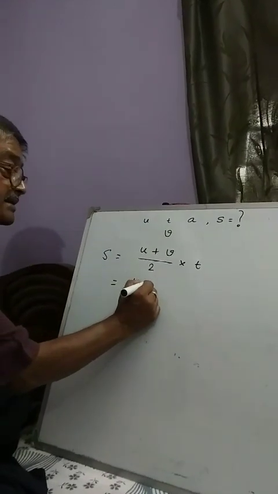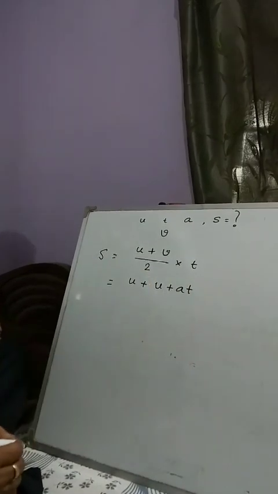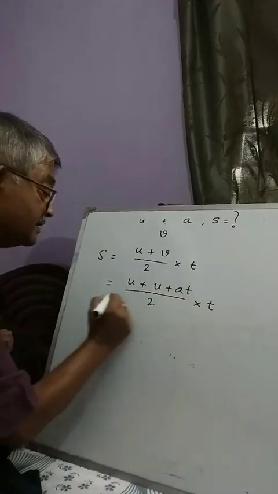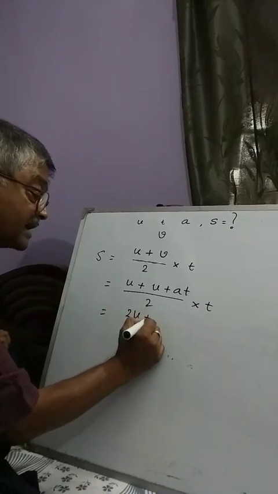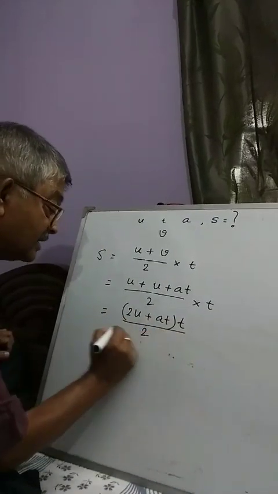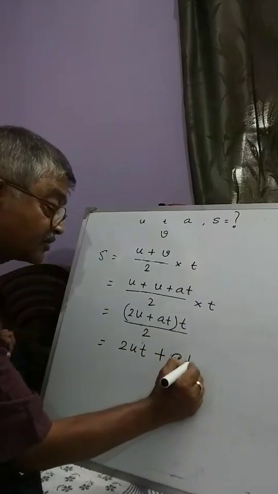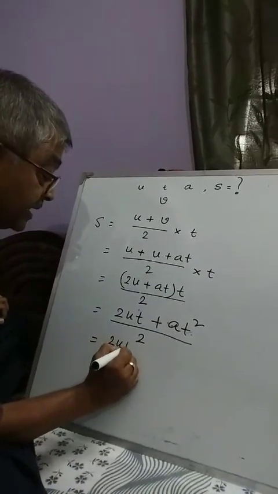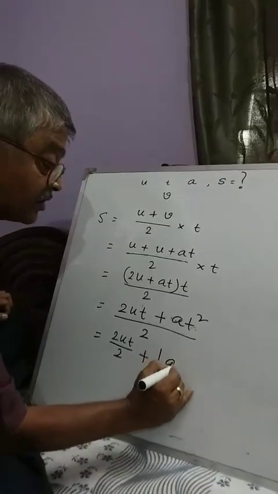Now v is equal to u plus at, so u plus v is equal to 2u plus at, and s is equal to (2u plus at) by 2 into t. By simplification, that means (2ut plus at square) by 2, that is 2ut by 2 plus half at square.